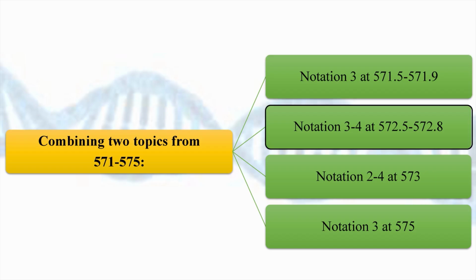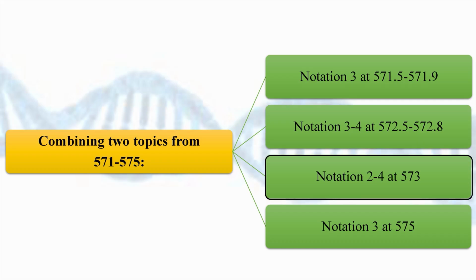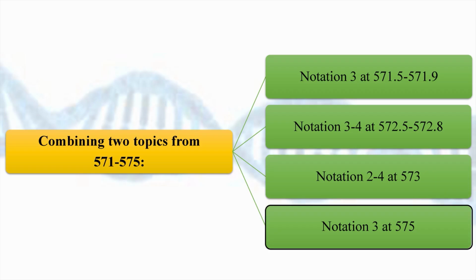From 572.5 to 572.8, you have the option of notation 3 to 4. In 573, there is an option of adding notation 2 to 4. And finally, in 575, there is an option for adding the notation 3. So these are the tricks of the class Natural Sciences and Mathematics.